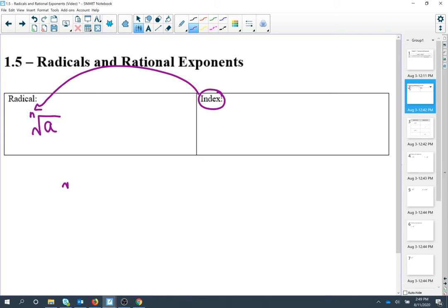So if we have like the square root of 4, that's a radical. If we have the cube root of 8, that's a radical. If we have the fifth root of 5x to the 7th y to the 4th, that's a radical. The index here would actually be a 2 because it's a square root. You can't see it, it's implied. The index here would be the 3, and the index here would be the 5.